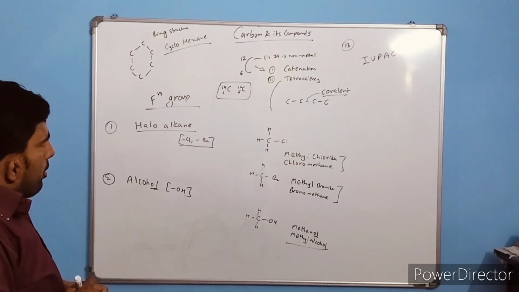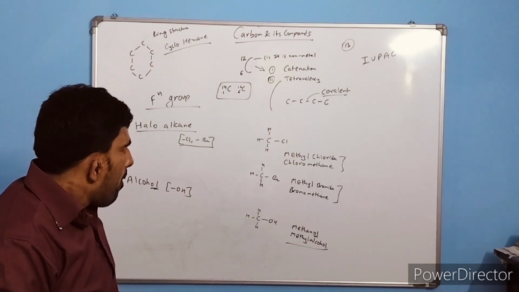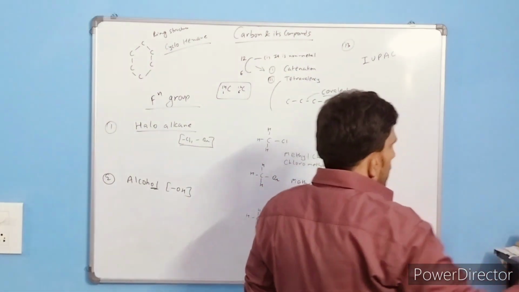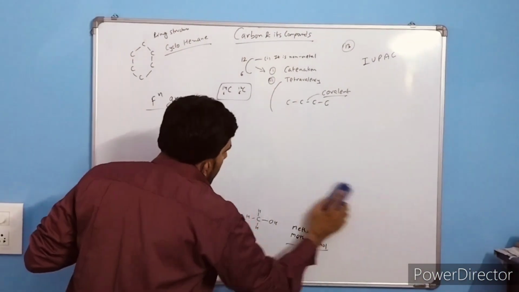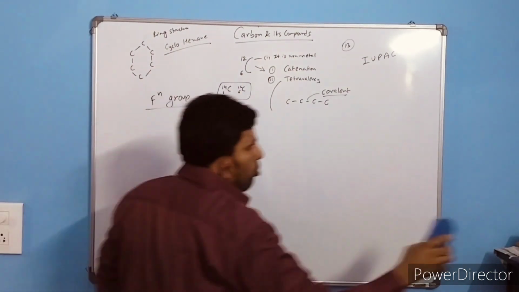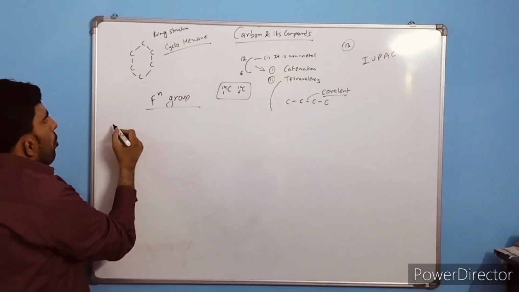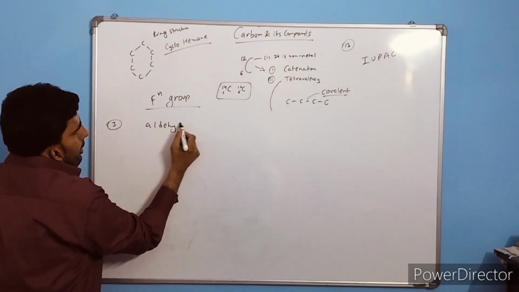The third functional group will be aldehyde. We have done two groups, and we'll do three more. Only three more. Now we'll take aldehyde.